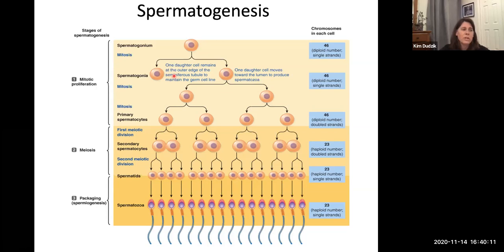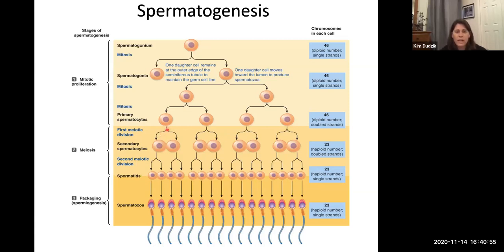So the germ-forming daughter cell keeps dividing by mitosis until you finally produce what are called the primary spermatocyte. This is still diploid, but these are going to be the cells that enter meiosis in order to reduce the number of chromosomes by half. Each primary spermatocyte, once it gets the signals from the hormones, which we'll layer on later, starts the first meiotic division.